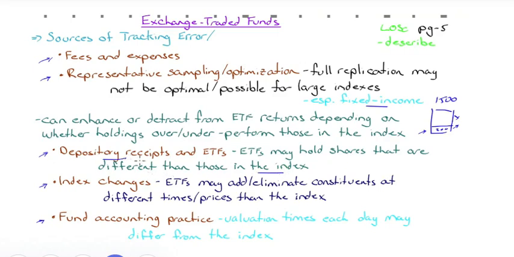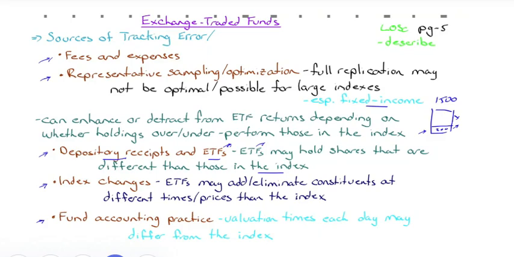So if you're holding the depository receipt or the ETF as opposed to the shares themselves, well, this ETF will have tracking error, which means if you're holding the ETF, you'll have tracking error based on that tracking error. Index changes. ETFs may add or eliminate constituents at different times or at different prices than the index. And fund accounting practice. And this deals with valuation times each day, and they may be different from the index.